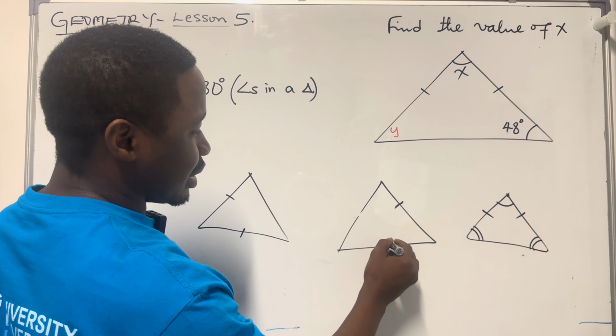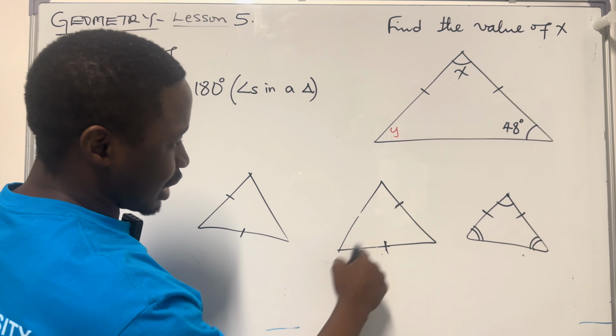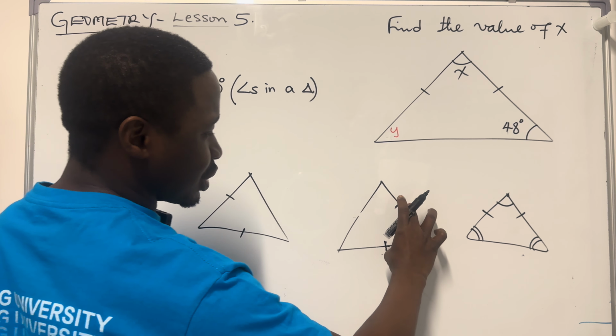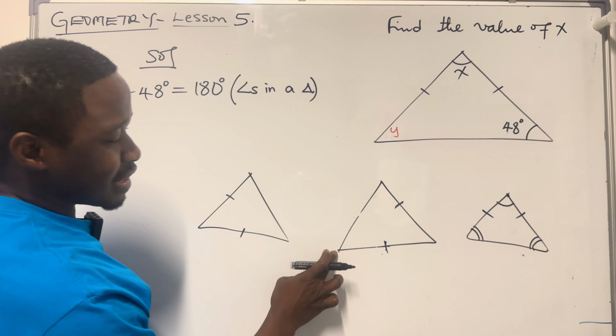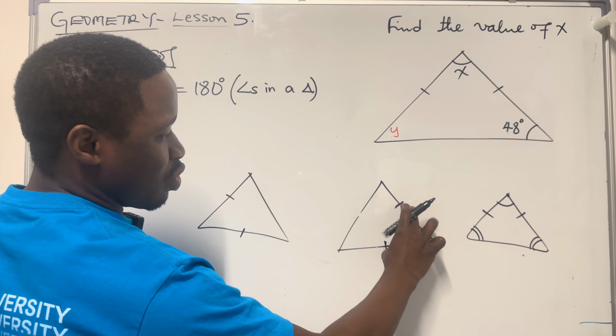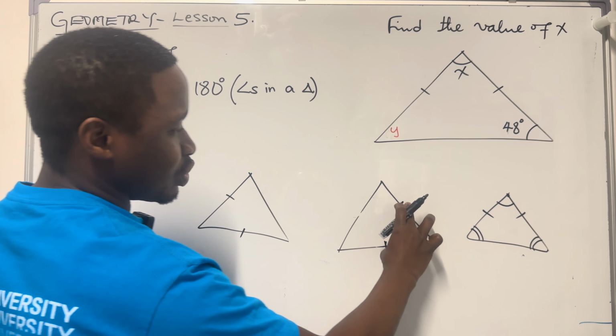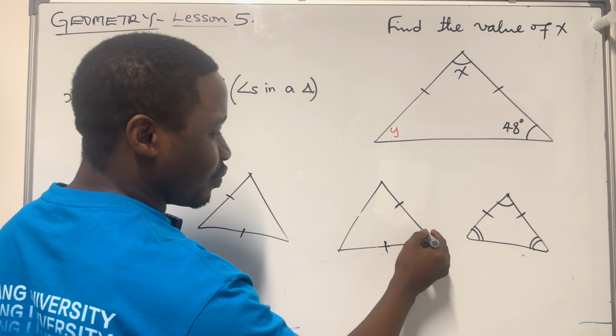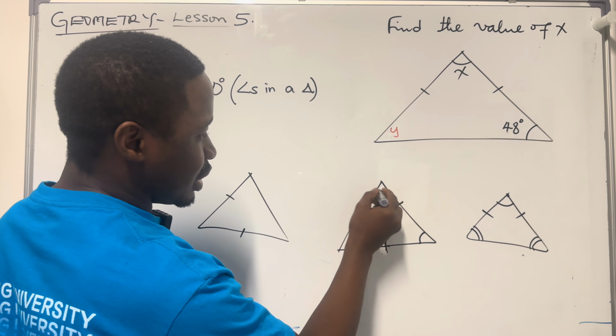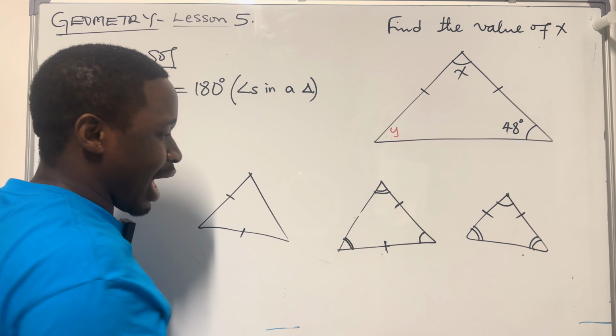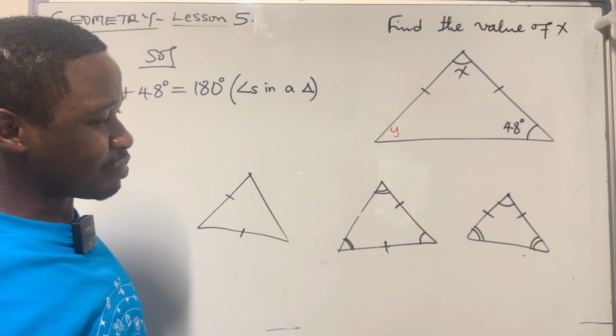This side and this side are equal, but these two sides that are equal do not meet here. These two sides that are equal meet here to form this angle. So this and this, they are the base angles.